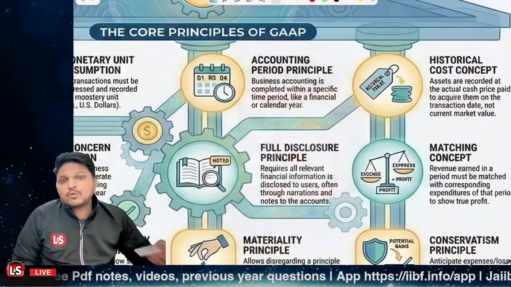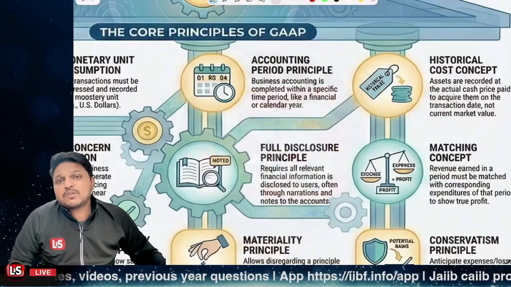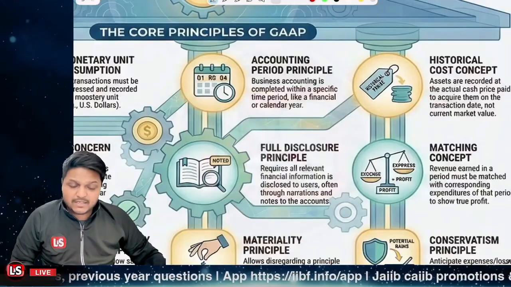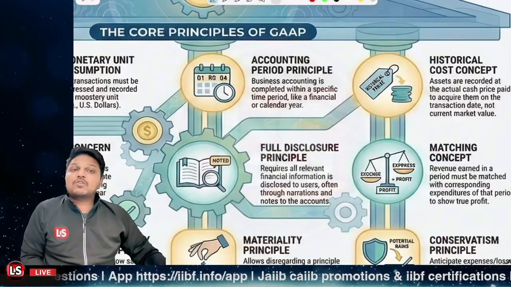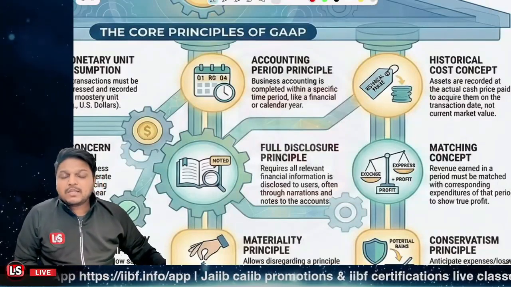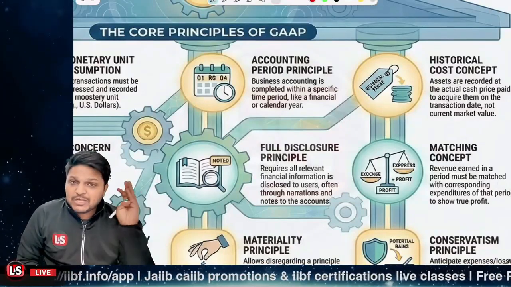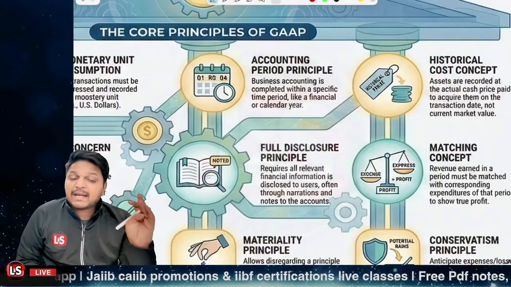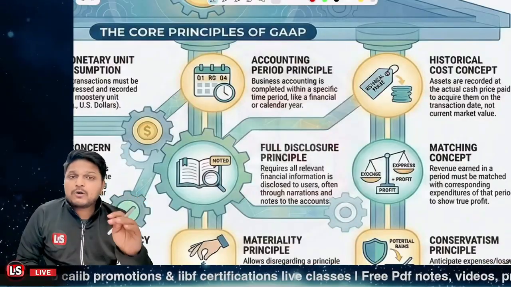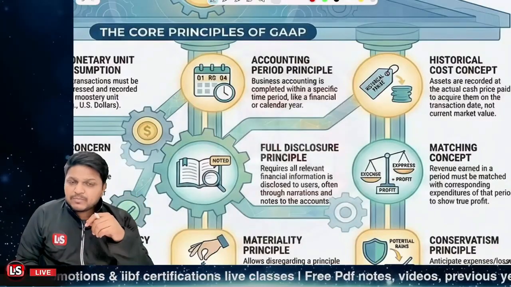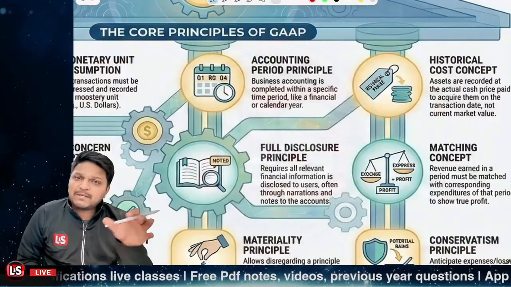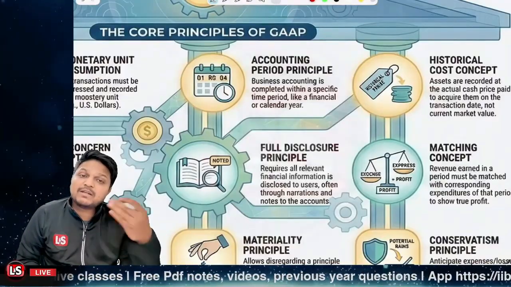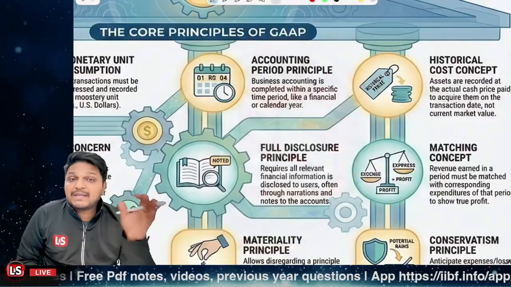Let's take the case that you paid the rent in advance for the next 12 months, right? The rent for the months of January, February and March will be for the current financial year, and from April to December, the 9 months, it is to be covered in the next financial year.